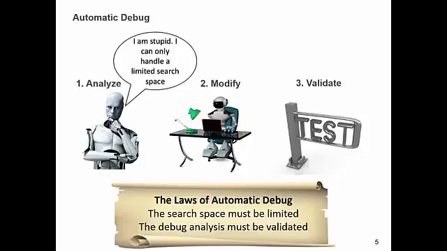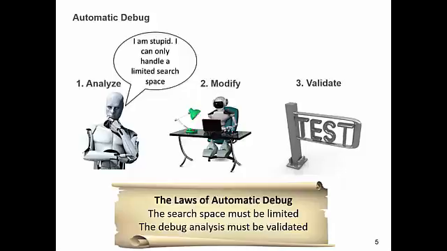So you need a limited search space. Whatever you define that your automatic debug tool should automatically debug, it has to have a limit to it. It has to have the ends, because it cannot go off like a human on a track and find any type of errors.